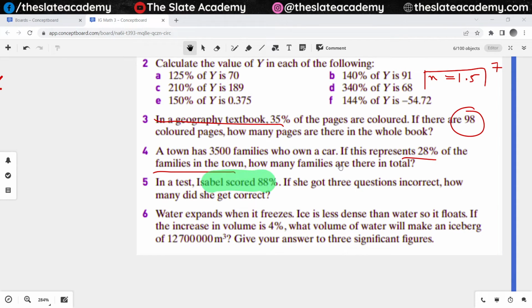So that means she got 88% correct, right? So what percentage did she get wrong? How many percent did she get wrong, Miss Anna? What would be the remaining exactly?